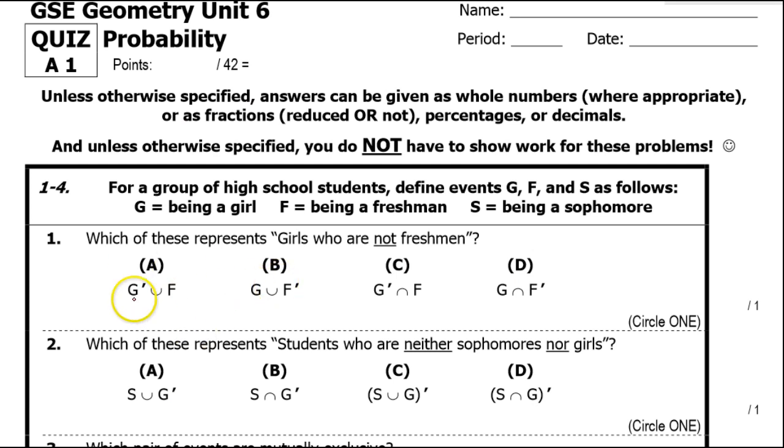Okay, so let's get started. For the first couple problems, we're matching up English phrases with these mathematical symbols, these symbols of probability. And so we have to see which one it is. And so here you see the phrase, girls who are not freshmen. So for a moment, let me focus in on the not freshman part.